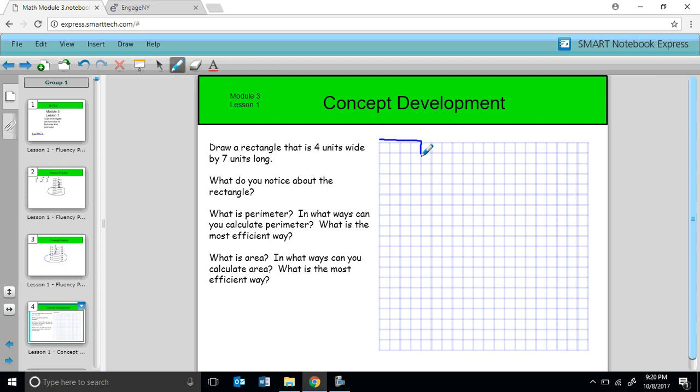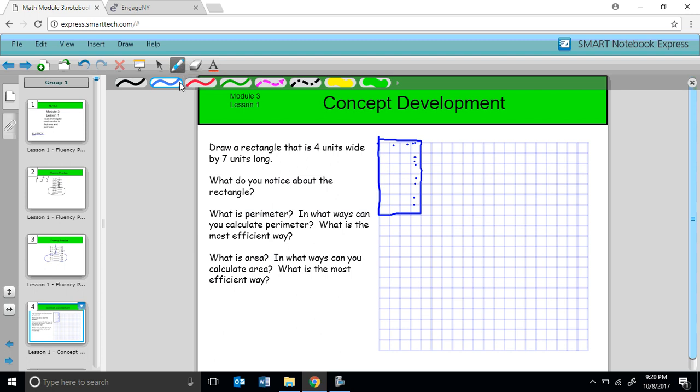And then 1, 2, 3, 4, 5, 6, 7. I can always double check by going 1, 2, 3, 4, 1, 2, 3, 4, 5, 6, 7. And then I can complete my rectangle.